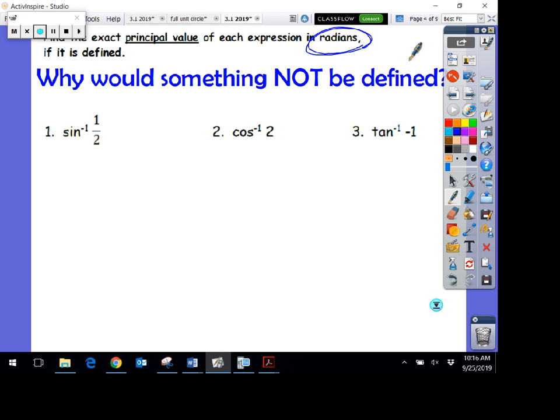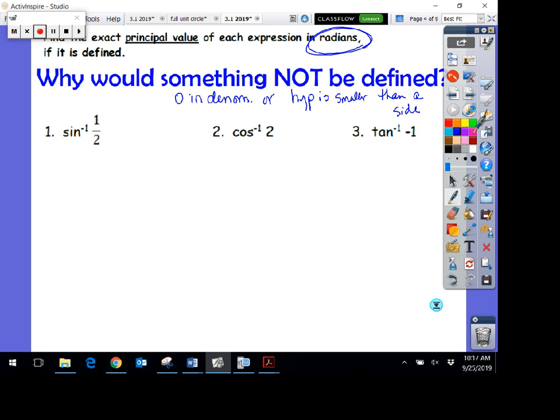And then it says if it is defined. Well, something that would not be defined: one thing, a 0 in the denominator, that would be undefined. But we're given the ratio, so that's not really going to pop up. Or we could say the hypotenuse is smaller than a side, because we're still dealing with right triangles.